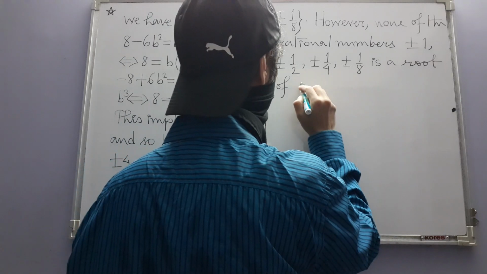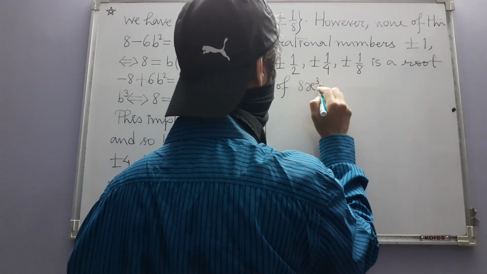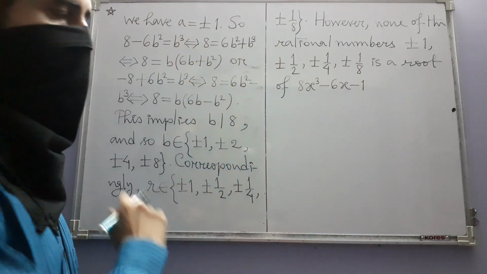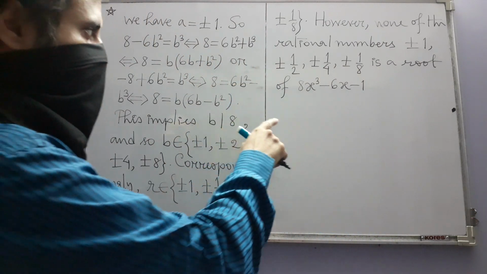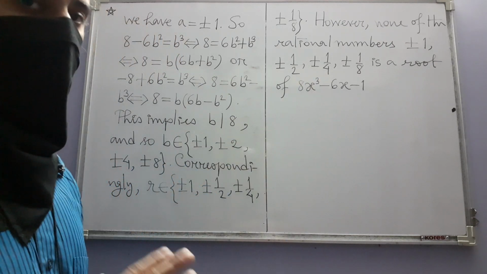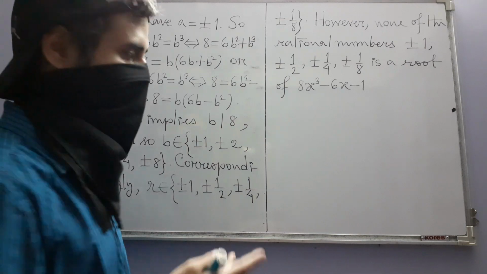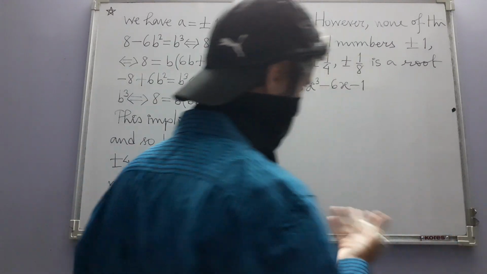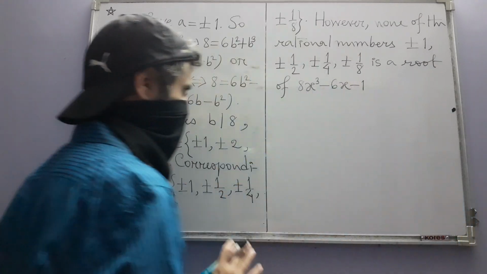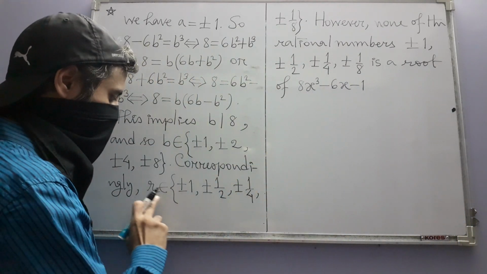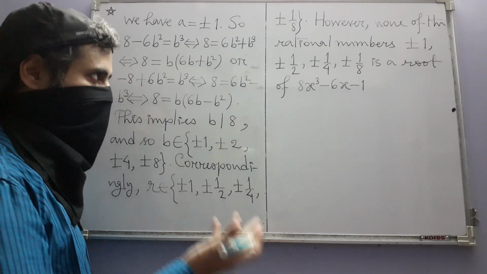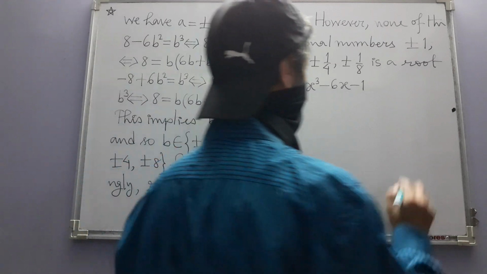That means 8x cubed minus 6x minus 1, and this is just simply a computational task. You have to put each one of these values in place of x and see that you won't get 0. Okay, so none of them is a root, but then we have got a contradiction, because we have supposed that r is a root, and then we have concluded that r must be one of these values, and none of these values is a root, so that is a contradiction.